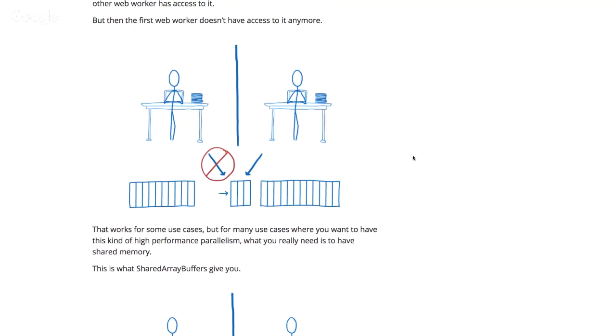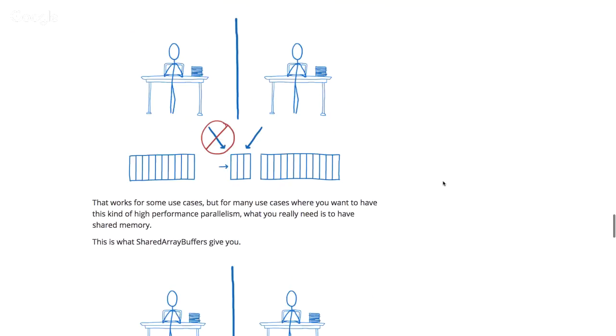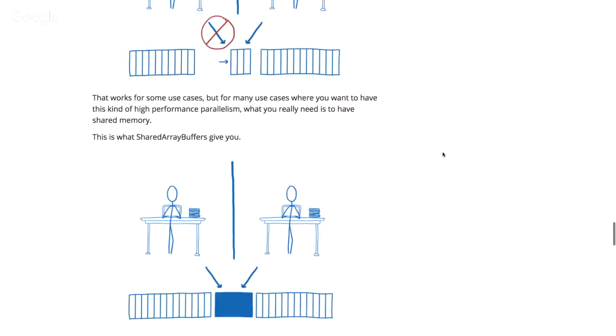If web worker 1 is sharing it, then it can't use that chunk of memory anymore. In most use cases that might be okay, but in a lot of use cases you would want both web workers to share the same memory location, with both of them having read and write access. In those cases, you would use a shared array buffer instead of a normal array buffer.